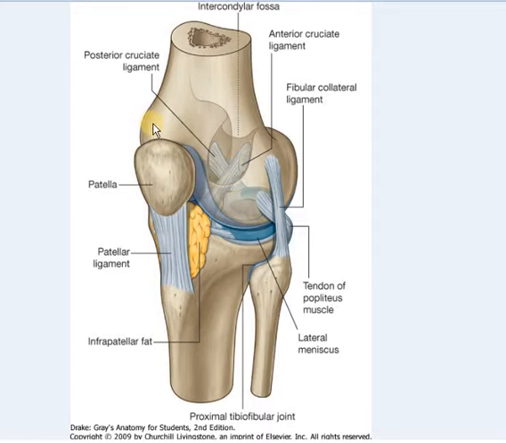This one is the tibia bone, with the lateral condyle of the tibia and the medial condyle of the tibia. This superior surface of the tibia and these two condyles participate in the formation of the knee joint.